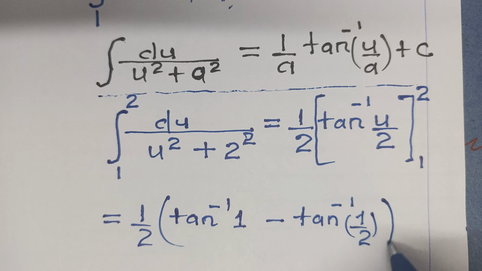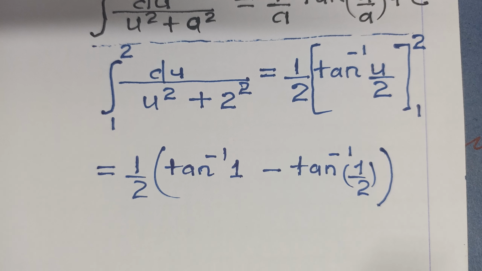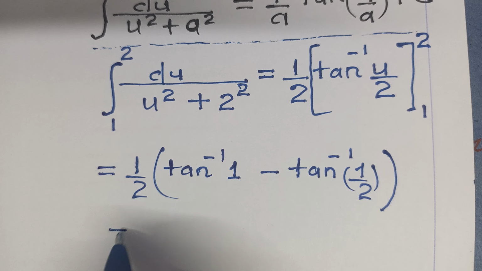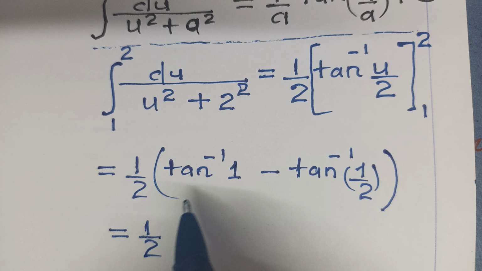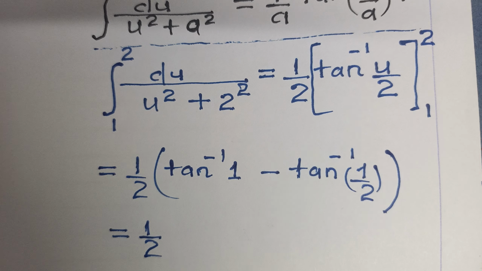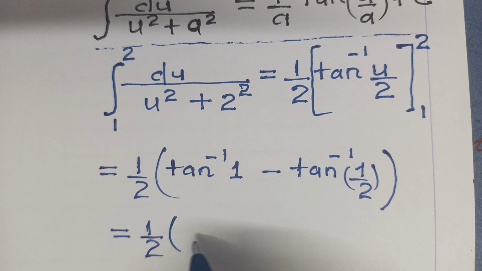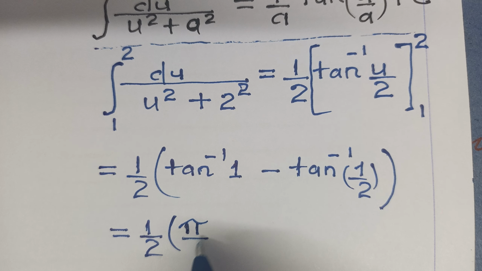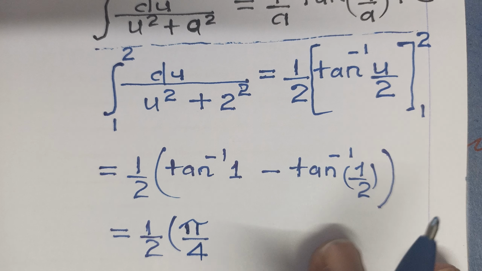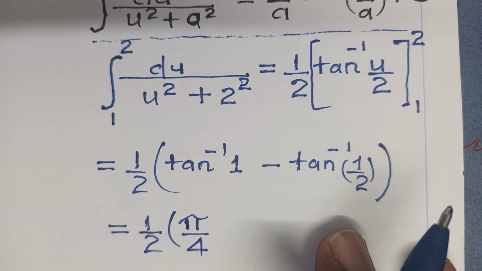So that's what we have. And then now this is going to be a half. Tan inverse of 1 is pi over 4. Actually, that is 45 degrees.